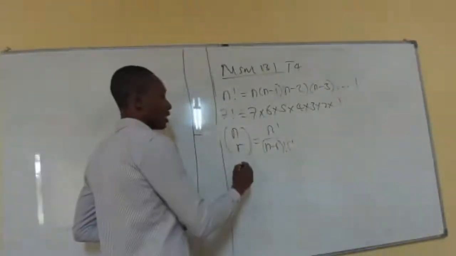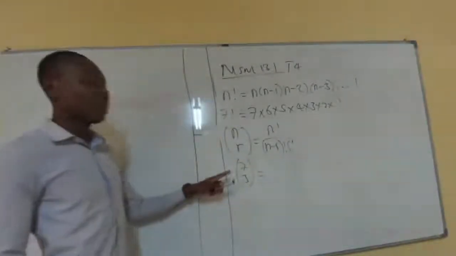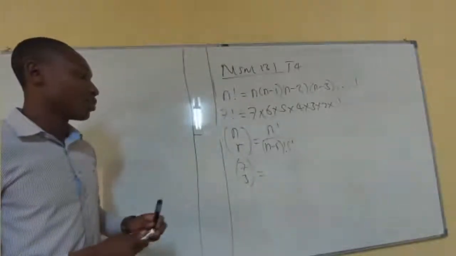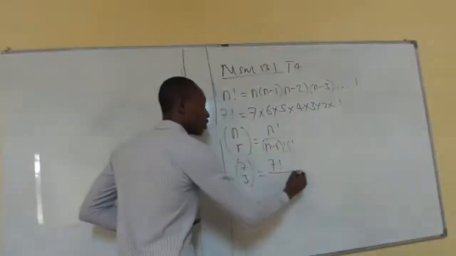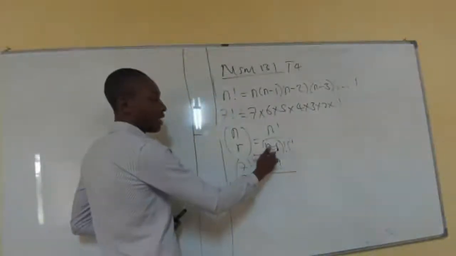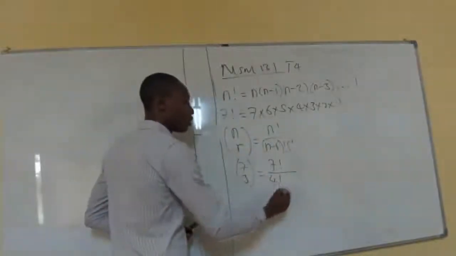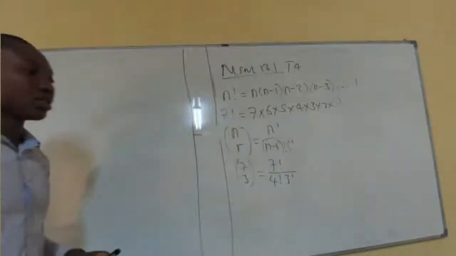Let's say you've got 7 choose 3. In this case 7 is your n and 3 is your r. So we're going to say 7 factorial over n minus r, so 7 minus 3, which is 4 factorial, then 3 factorial.